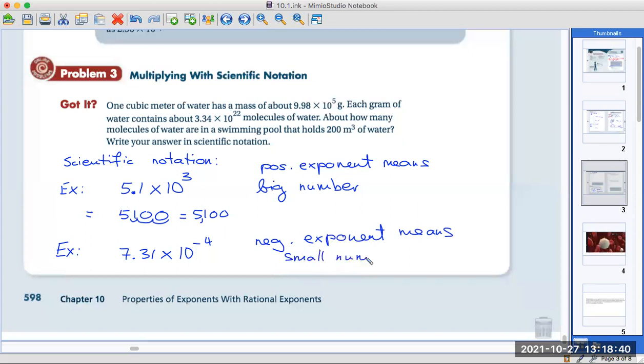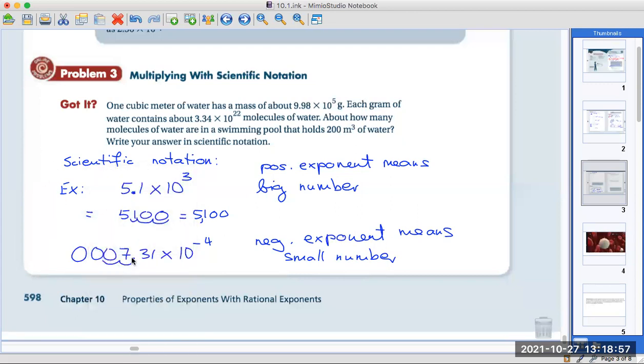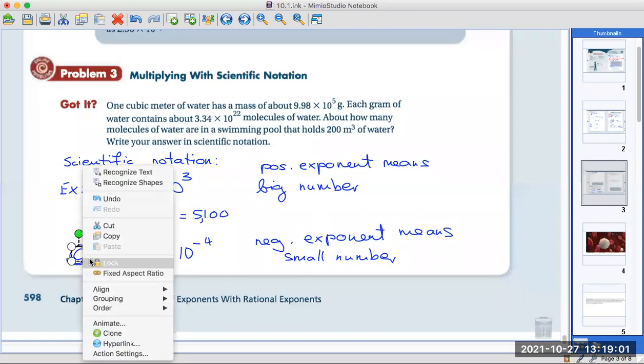So you move your decimal to the left. So add some zeros in the front. Negative 4 means you're moving a decimal 4 to the left. Okay. So start here. 1, 2, 3, 4.